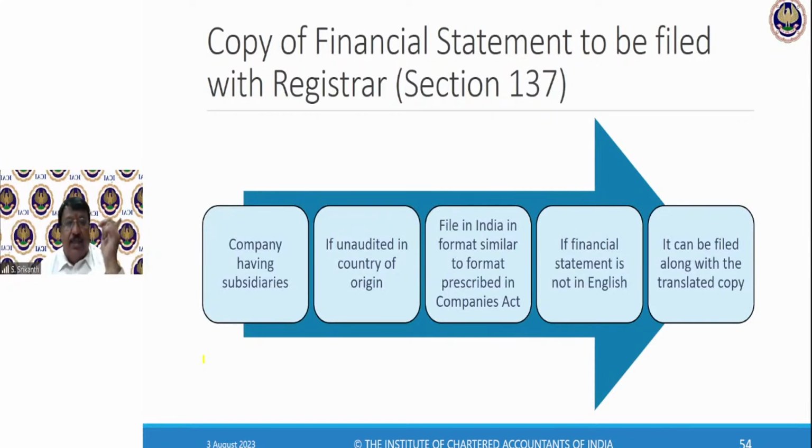If the financial statement of that subsidiary is not in English, then you have to file it along with a translated copy. Okay. This is for foreign subsidiaries of Indian companies, right?